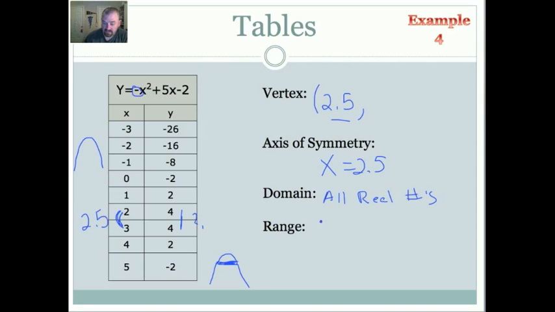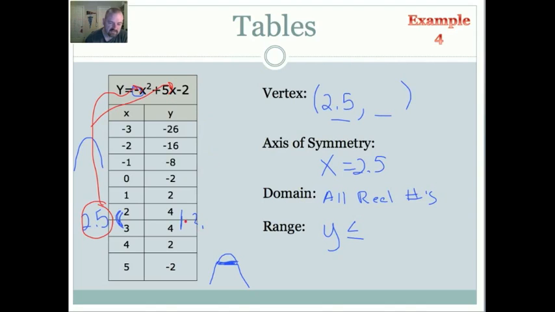Now we have a range, and for our range, again, we're going to need this value. We'll come back to that in a minute. But this one is opening down, which means it's going to be y is less than or equal to. But now we have to find our y value. Easiest way to do that, if we know this is our x value, is to take this and plug it in for x, and just use the calculator.